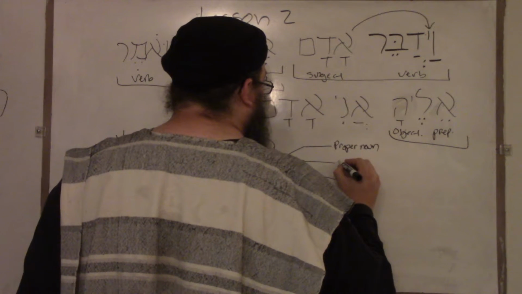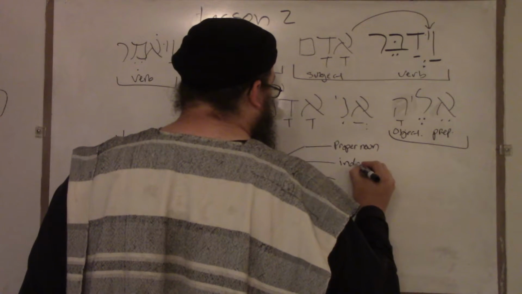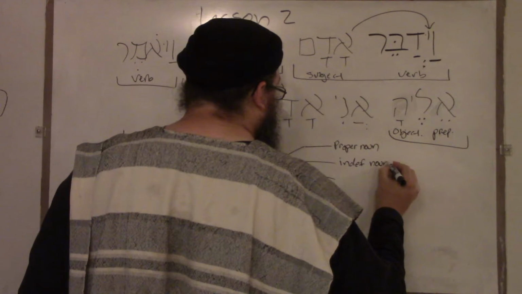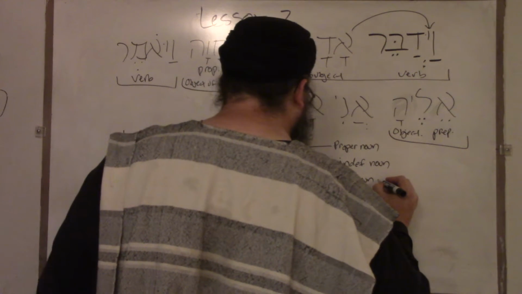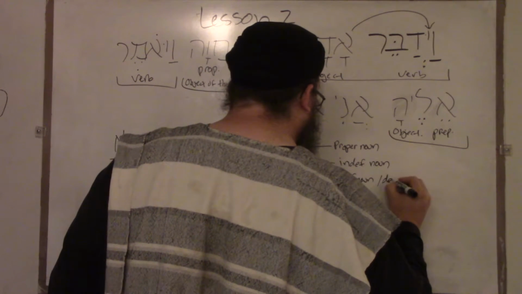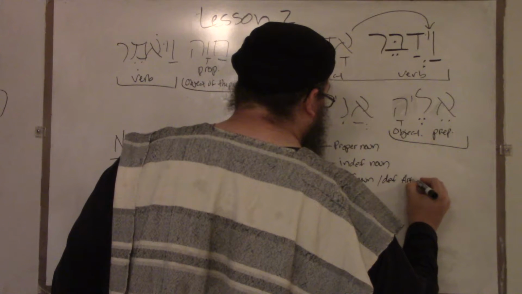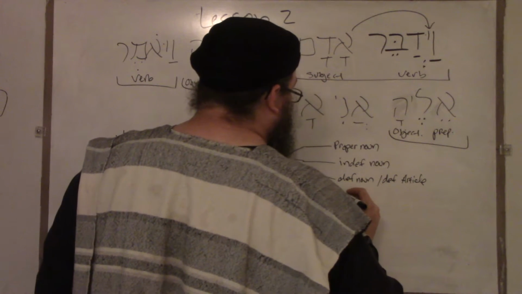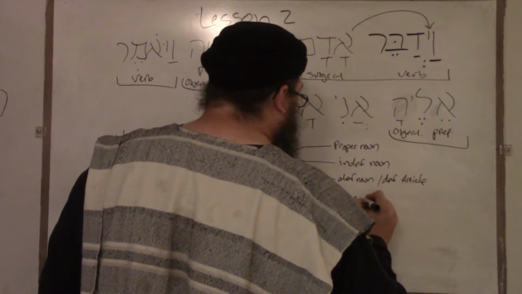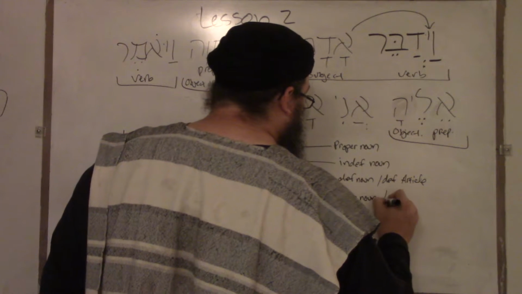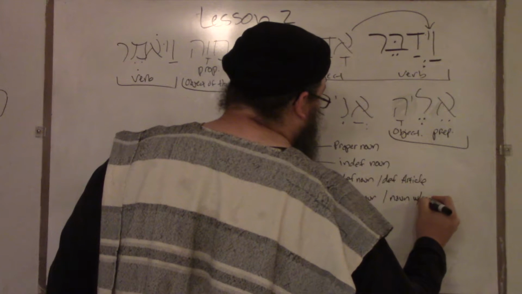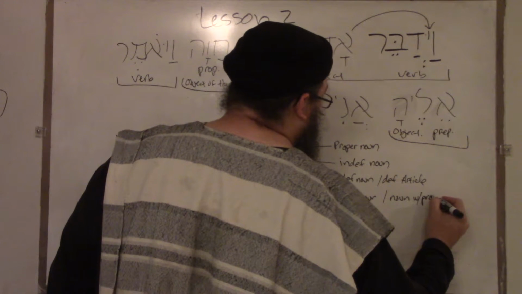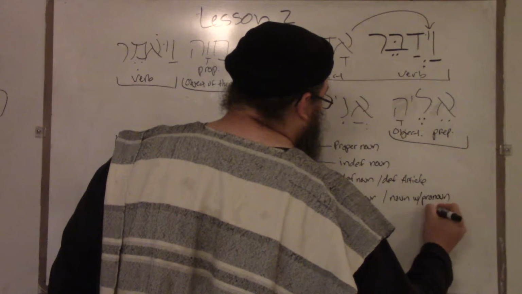We have an object which is an indefinite noun. We have an object which is a definite noun with the definite article. And the last thing, we have a definite noun with a pronoun that's possessive.